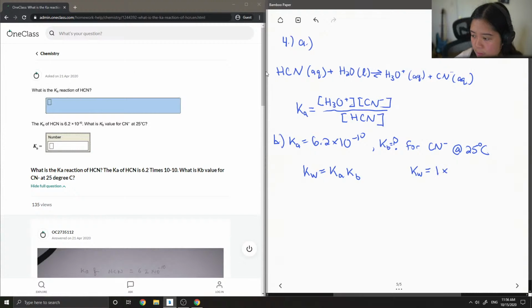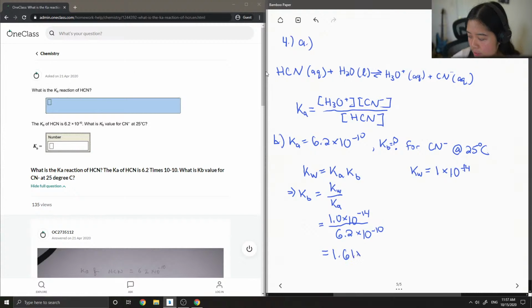So I'm just going to write it here, and then we can rearrange this equation to solve for Kb and plug in the values. 10 to the negative 14 over 6.2 times 10 to the negative 10. And then you get a Kb value of 1.61 times 10 to the negative 5.